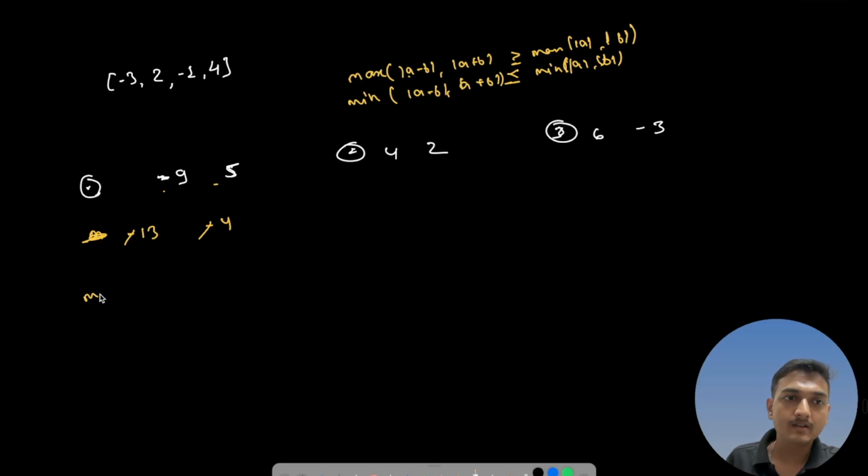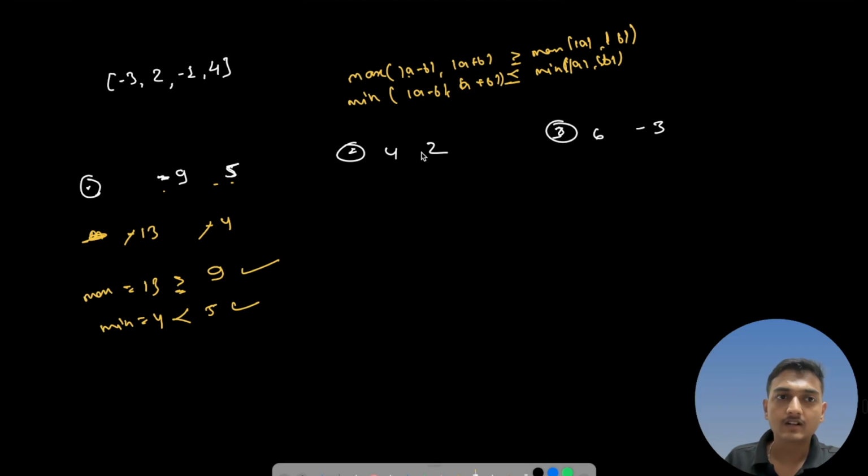The maximum is 13, the minimum is 4. Is this 13 greater than or equal to the max of the absolute values? The max of the absolute values is 9, so the condition is satisfied. Is this 4 less than or equal to 5? Yes, the condition is satisfied; the minimum is 5. We are taking absolute values, so don't be confused, we are taking absolute values here as well.